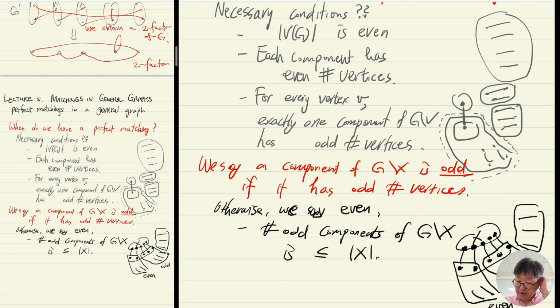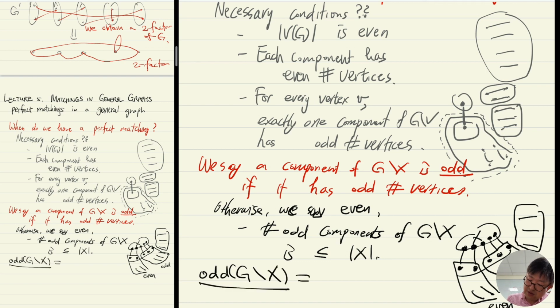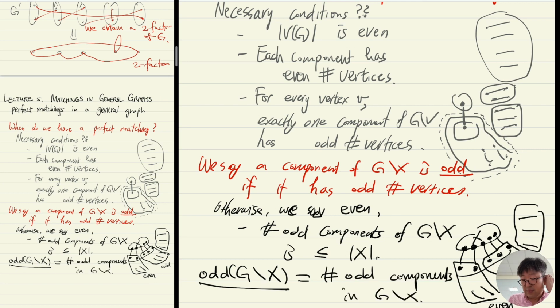So that's the condition that we are interested in. Let me use this notation: odd(G delete X) is the number of odd components in G delete X. So far we talked about all these obvious necessary conditions in order for a graph to have a perfect matching.